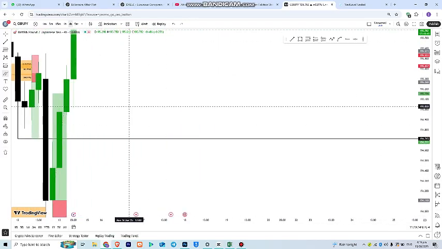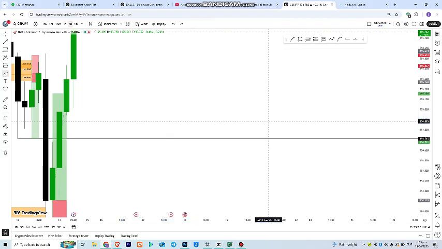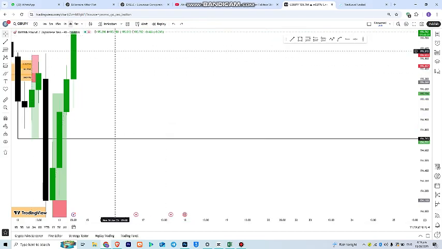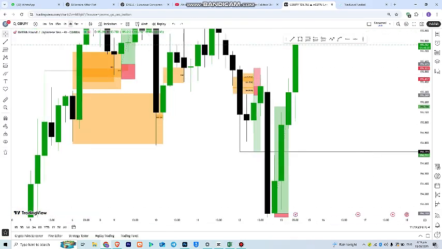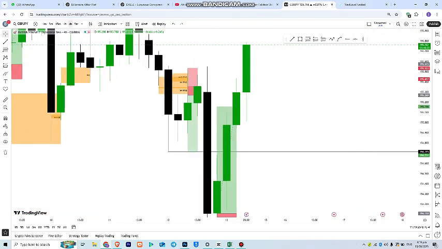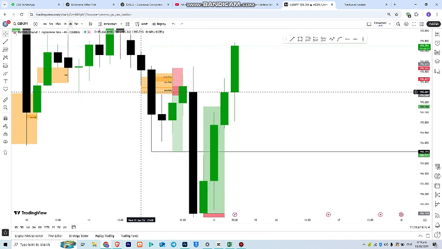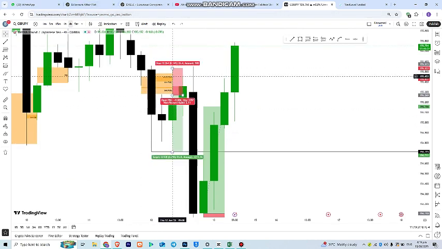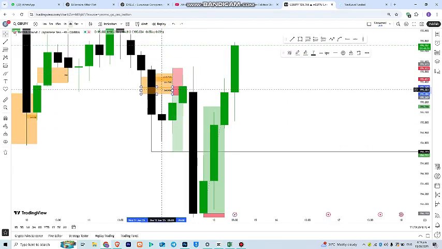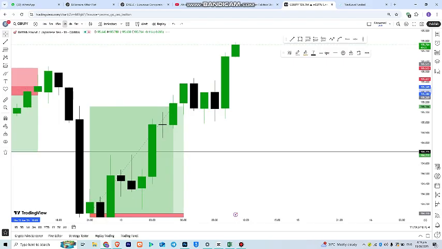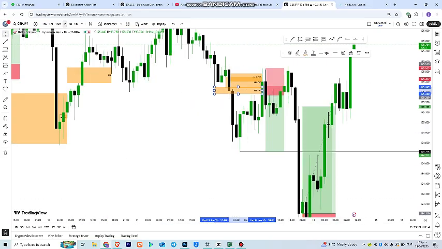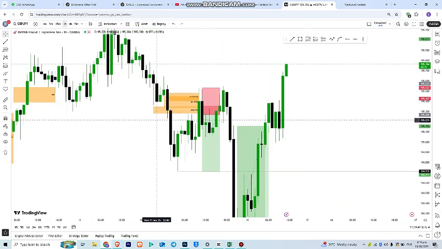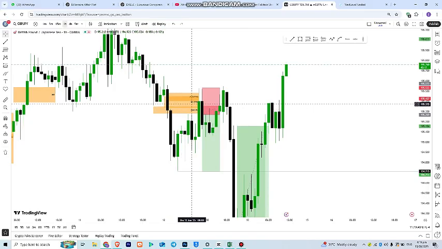Now I'll tell you the reason why I know that the market is going to sell. Let's say we spot the 4 hour fair value gap. I then waited for price to tag into it. Immediately before then, I went down to the 1 hour time frame, and on the 1 hour there is also a fair value gap.